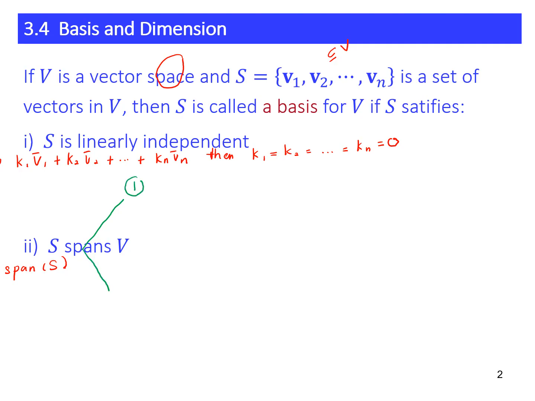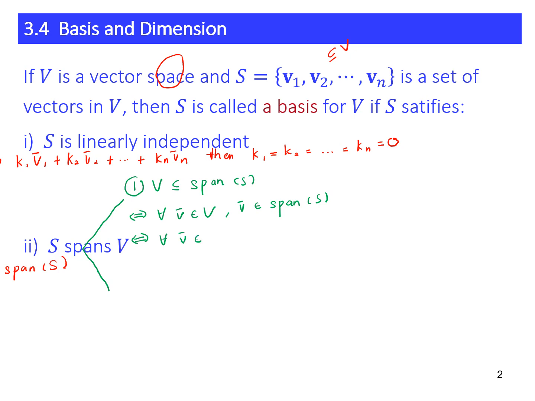The first thing is we have to show that V is a subset of span S. And this means for every vector V in V, the vector V must be in span S, and these are all equivalent, using if and only if symbols.